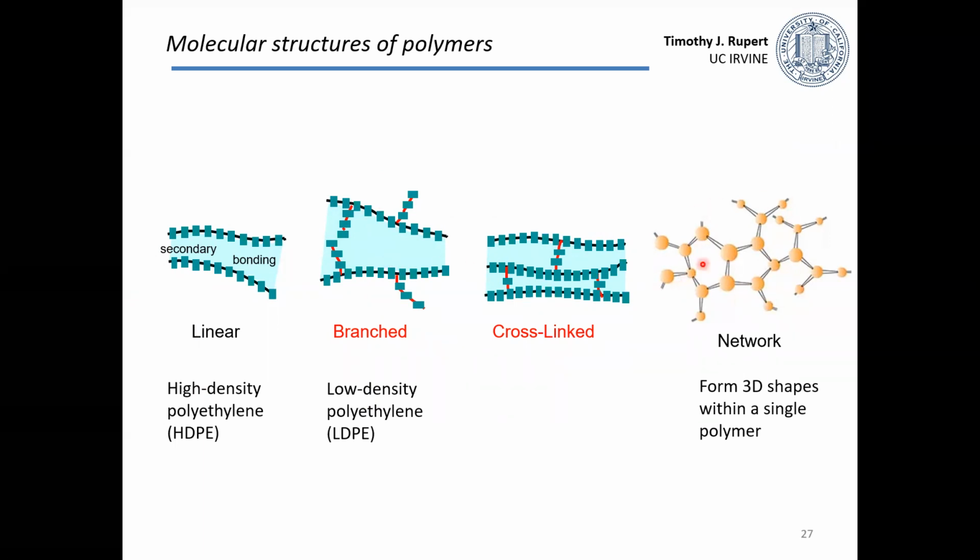But we have to remember we can also have what we call network structure polymers. These form 3-dimensional shapes. We're trying to show, by showing larger and smaller atoms in these molecule visualizations, that the material could be closer or further away. So this is a truly 3-dimensional structure.